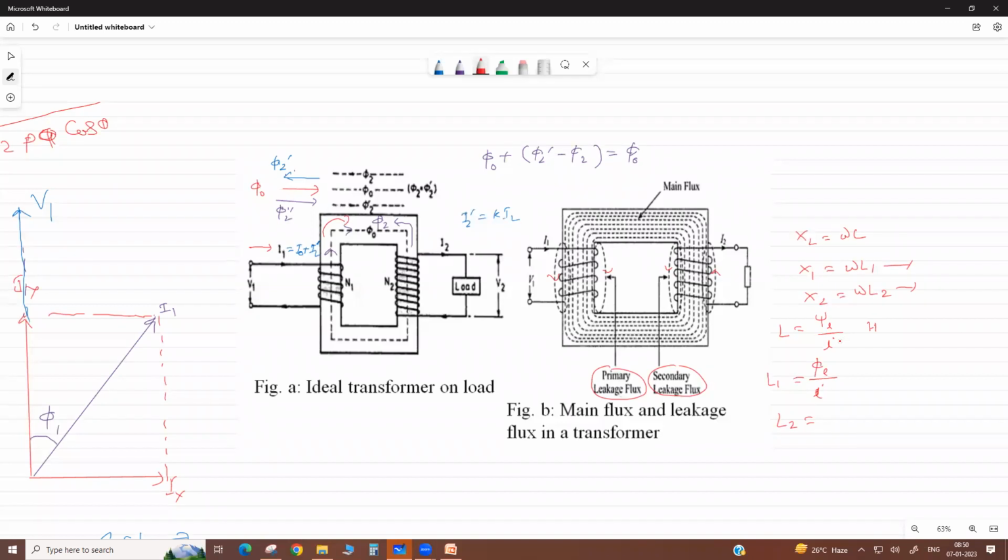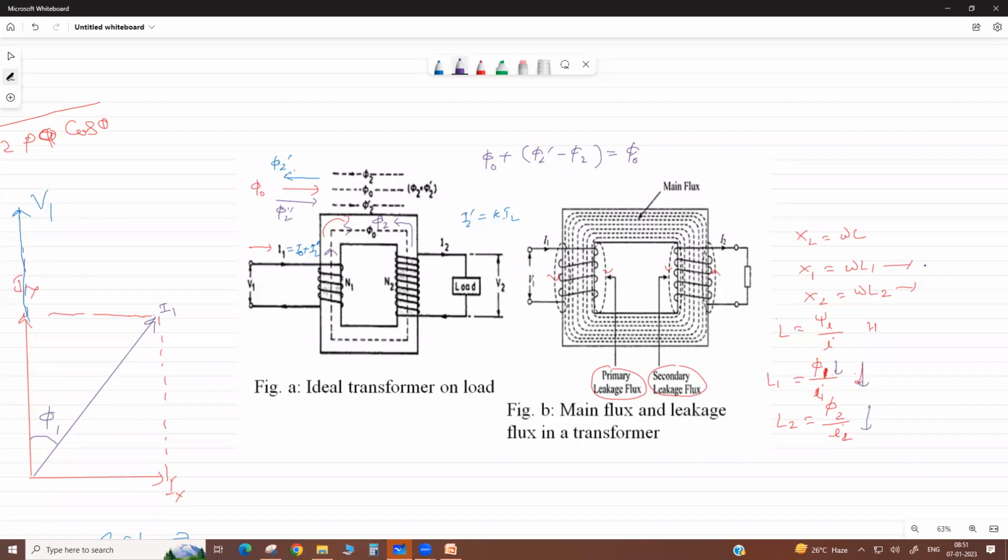Now, if we minimize the leakage flux, the inductances L1 and L2 are reduced. If the primary and secondary leakage fluxes are low, the inductance is low.